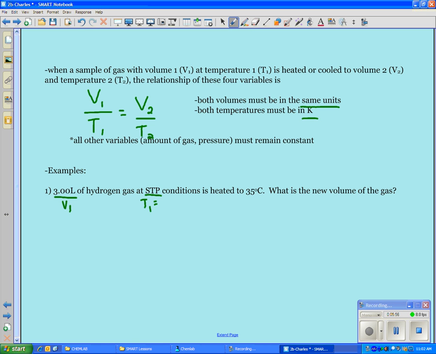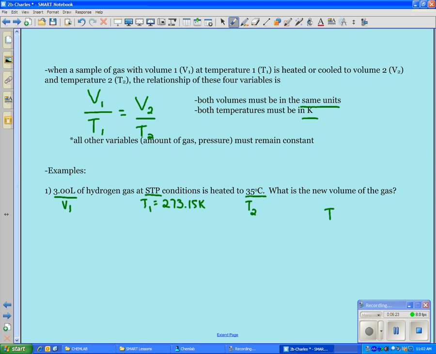If you remember what STP stands for, standard temperature and pressure, the temperature that goes with that is 0 degrees Celsius, and that's equal to 273.15 Kelvin. So there's T1. When that's heated to 35, that becomes temperature 2. Our temperatures we know have to be in Kelvin, so we're going to have to convert that.